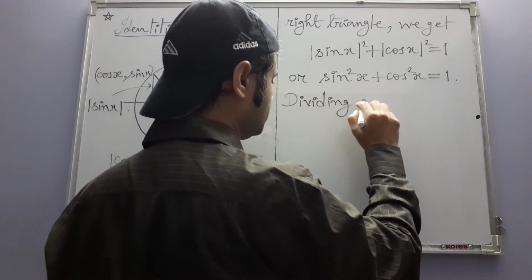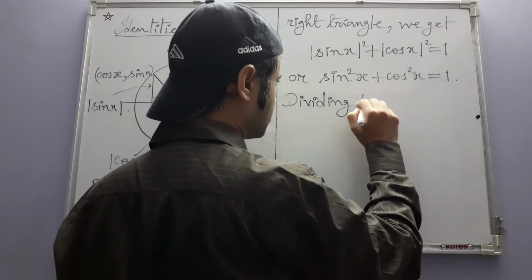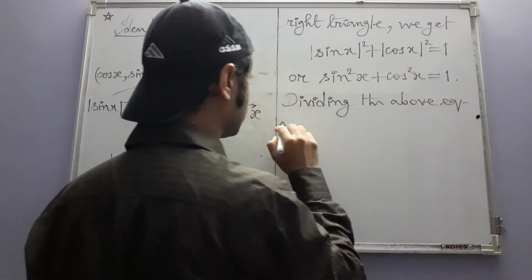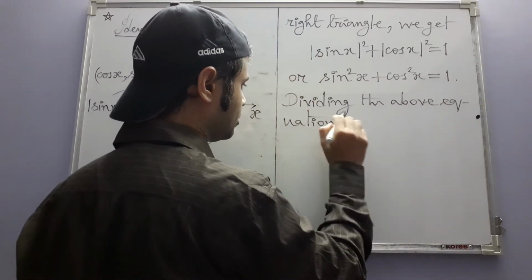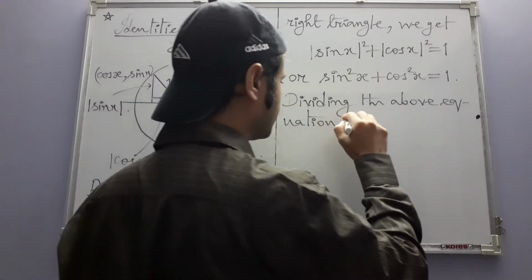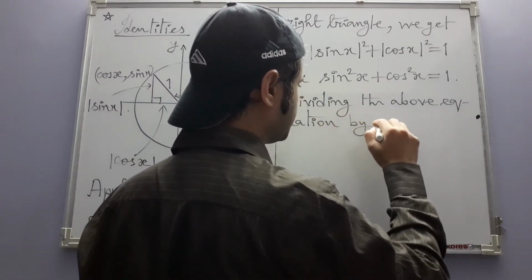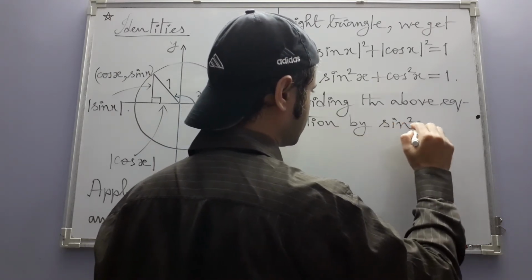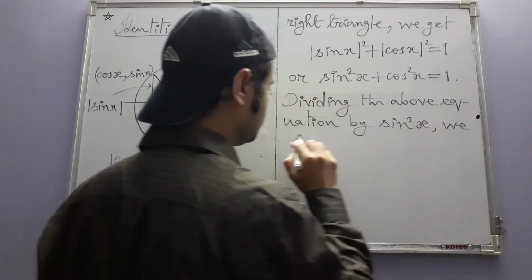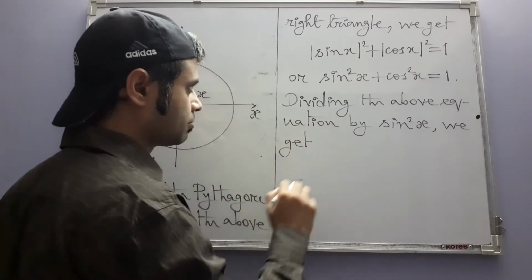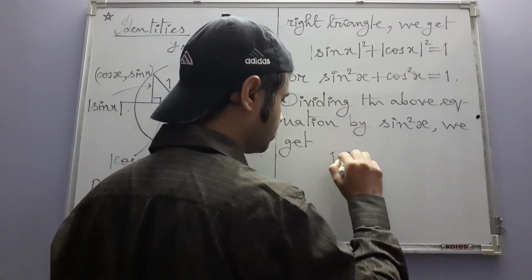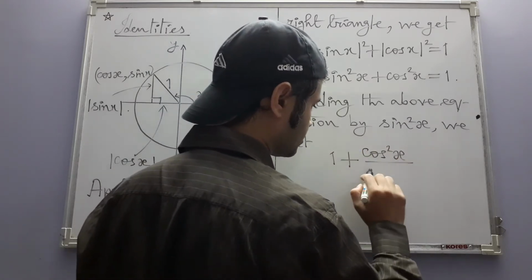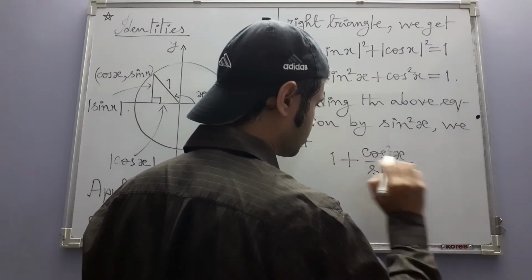Dividing both sides of the above equation by sine squared x, the first term will be 1 and the second term will be cos squared x divided by sine squared x.